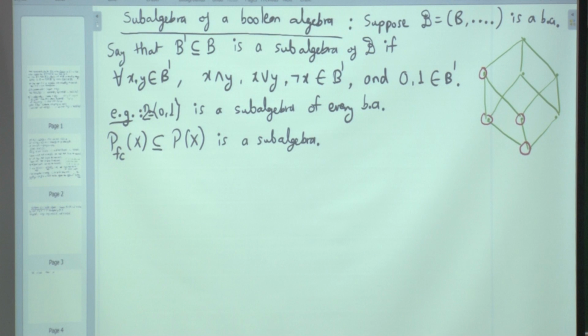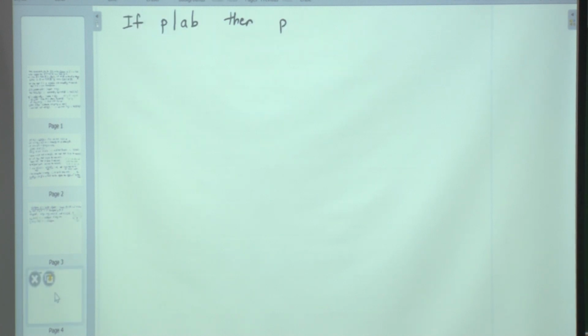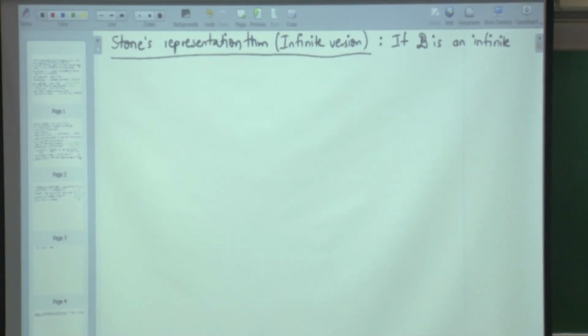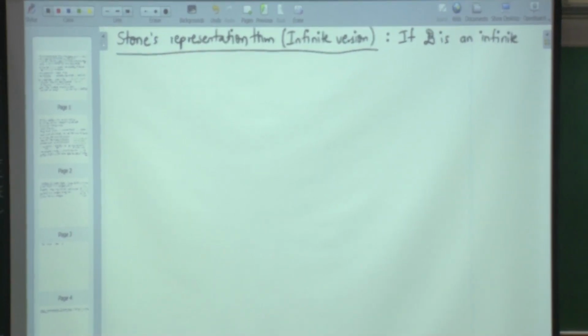So ultimately, what do we want to prove? I will write one theorem. So this is Stone's representation theorem. I mean, this is the infinite case. If B is an infinite, I mean the word infinite is not really important here, the proof also works for finite.